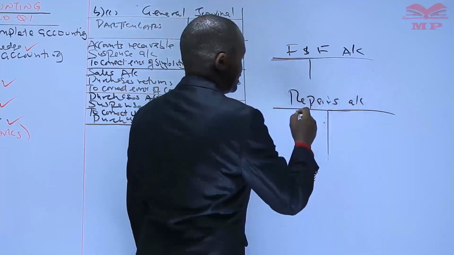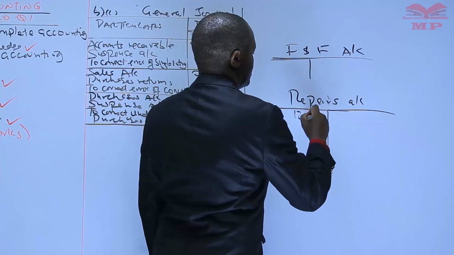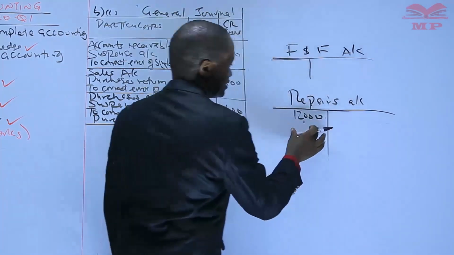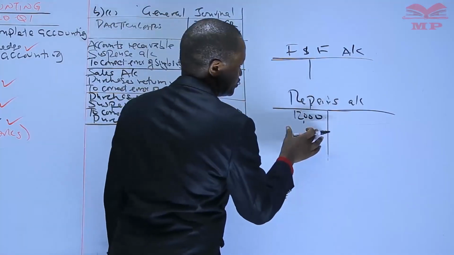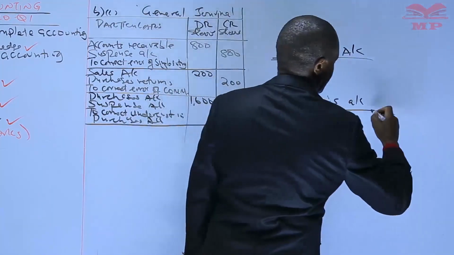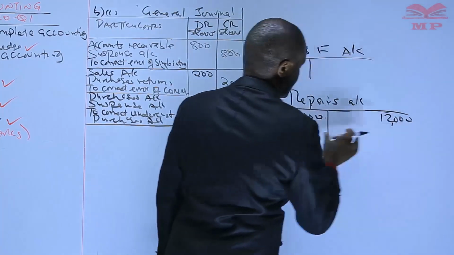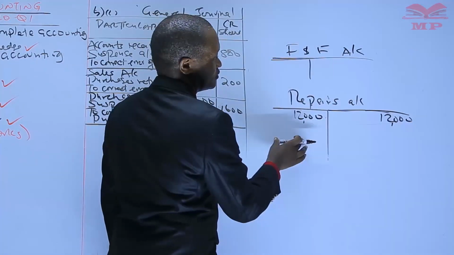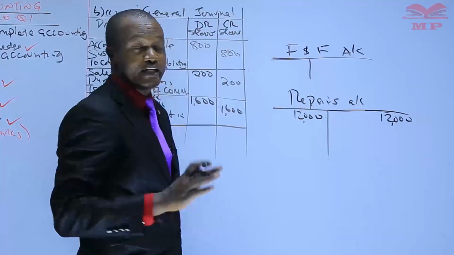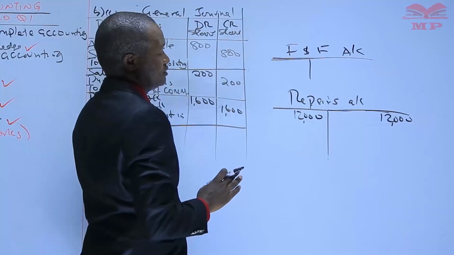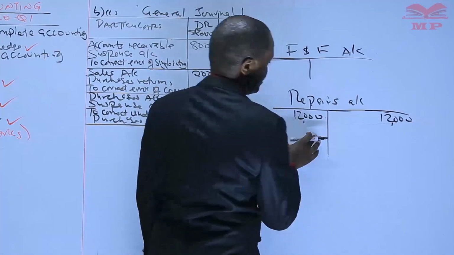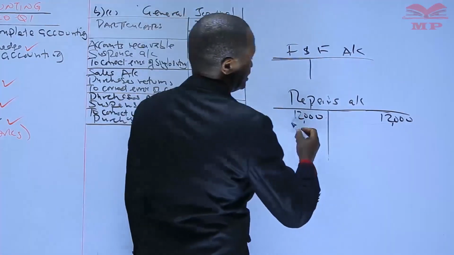So if there is an error that was made in this account, to remove this 12 million, we have to just credit this account. When you credit this account with 12 million, assuming there is no other transaction that affected the repairs account, you see there is nothing on this account.